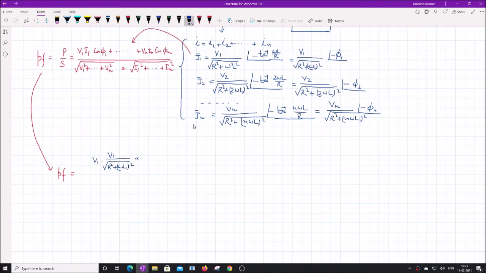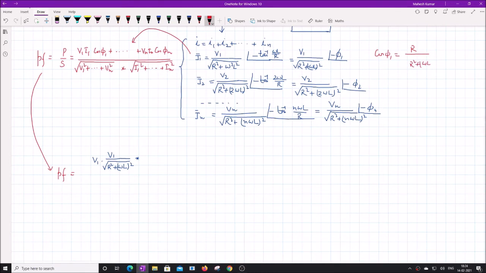And what is cos φ1? Cos φ1 is cos of tan inverse ωL by R, so you can write that cos φ1 equals R by the square root of R squared plus (ωL) squared, and cos φn is nothing but R by the square root of R squared plus (nωL) squared.